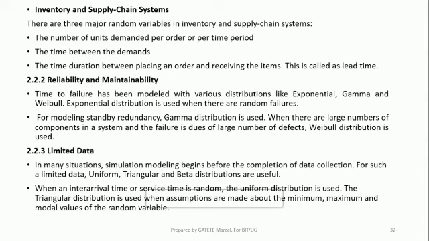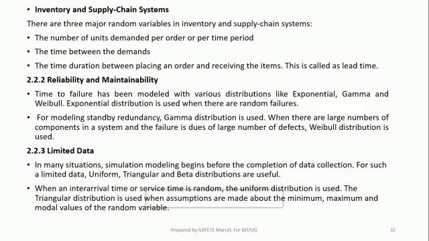But here, modeling begins before the completion of data collection. It means that the simulation modeling goes along with the data collection operation. So sometimes you will finish modeling your system, but there is still some data which must be collected. In such a case, you will have limited data, or a few data.